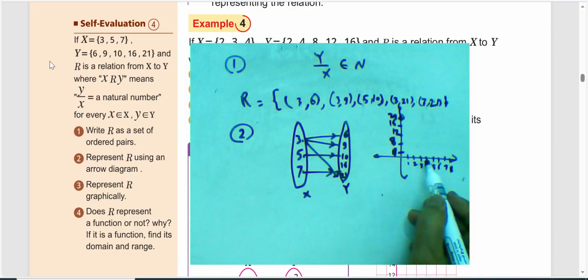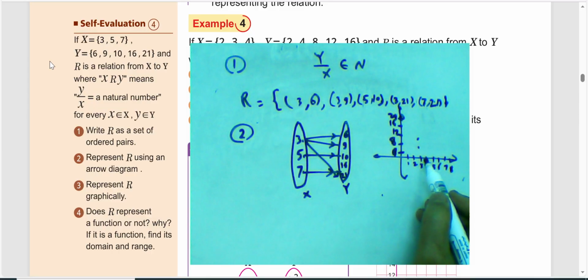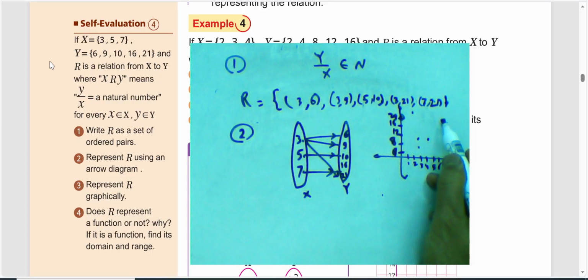The image of 3 was 6, 3 was 9, and 5 was 10, and 3 was 21, 7 will be 21.